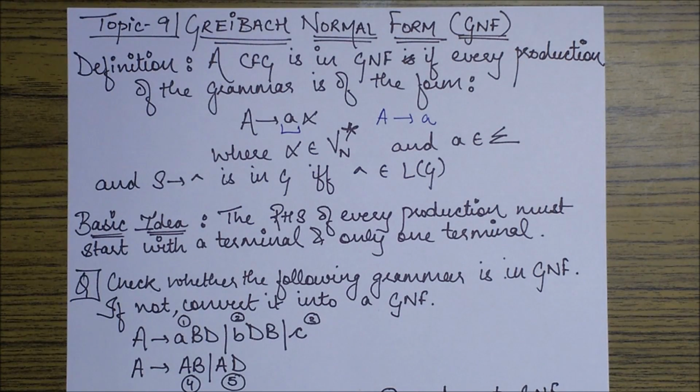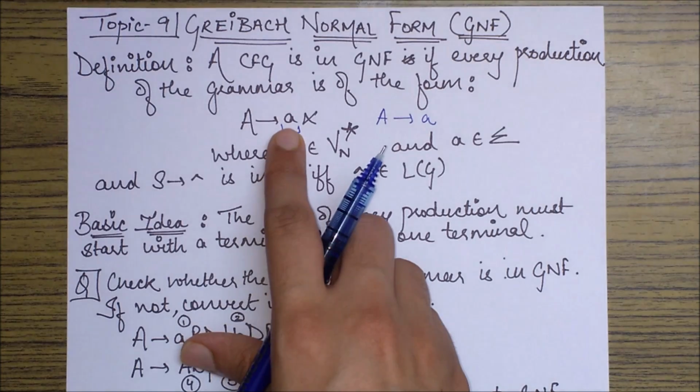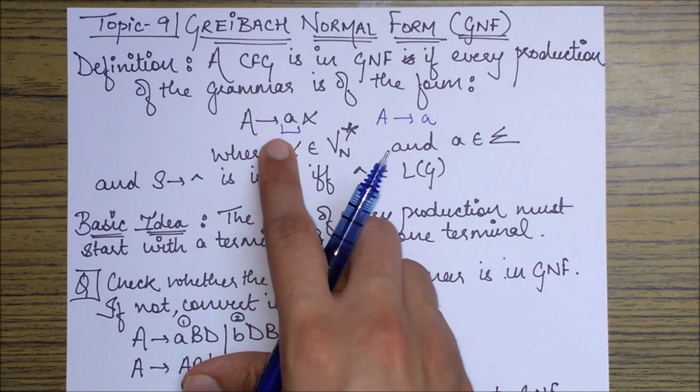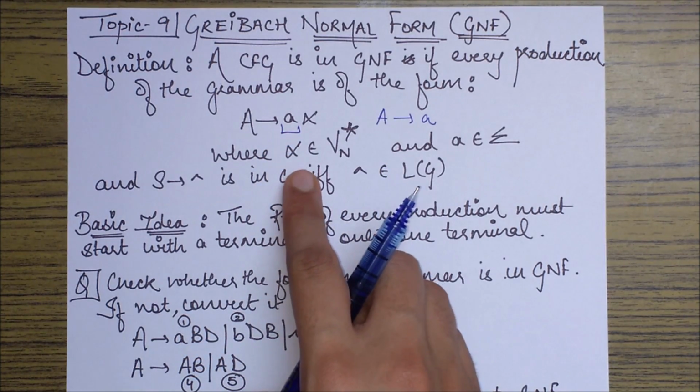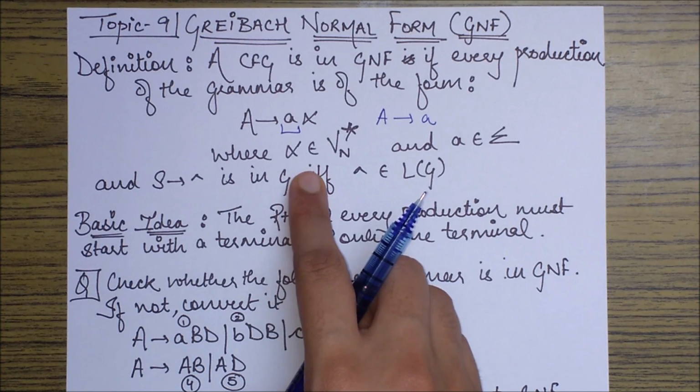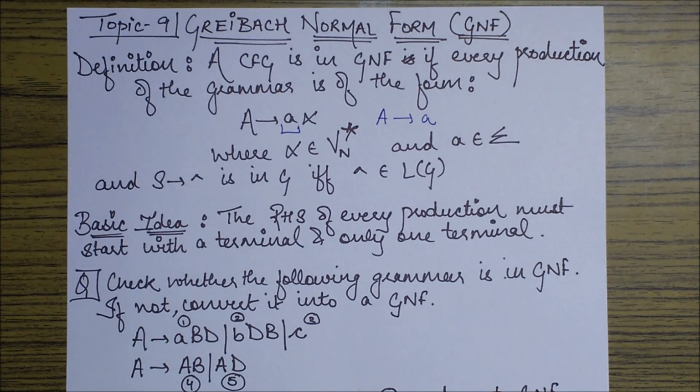It cannot be a combination of more than one terminal. And another thing, non-terminals might or might not follow. It has to start with a terminal, and after a terminal one or more non-terminals could follow, and it may also happen that there is no non-terminal after the terminal.